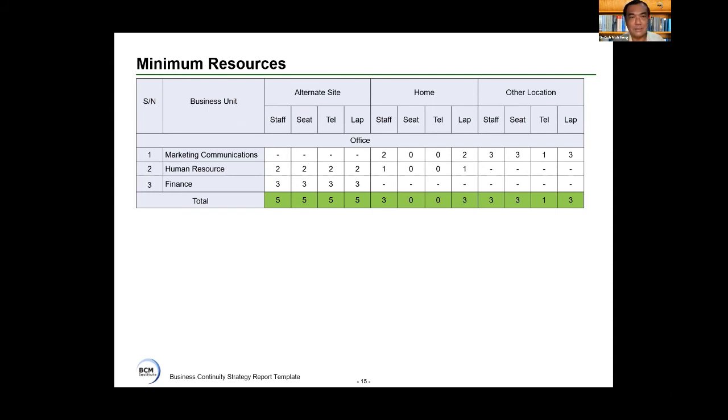So please complete this as an exercise, and when you do it in your own real world in COVID-19 for the next 18 months, I think this minimum resources could be just a page to say, 45 people will be working from home and 30 people will be working from this, something like that. You will just be telling how many people.